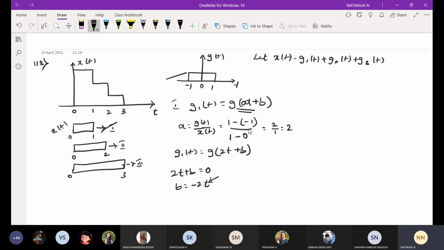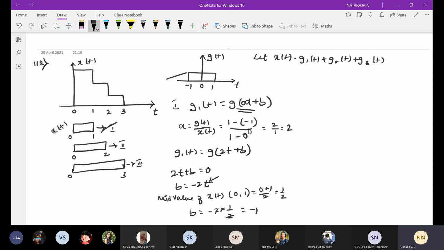I'm going to take the mid value of the first signal, x of t, which is from 0 to 1. What is the mid value? If you are unable to find it, 0 plus 1 divided by 2 gives 1 by 2. Next, substitute t value here: b is equal to minus 2 into 1 by 2. The 2 gets cancelled, and you get minus 1.